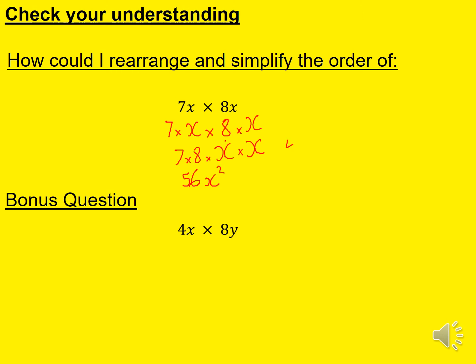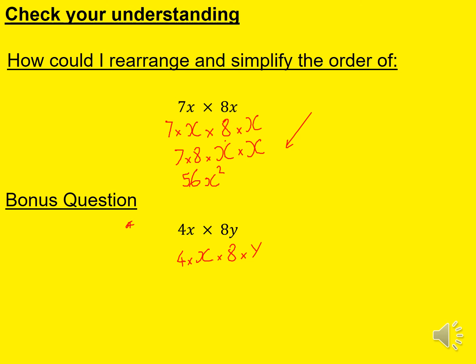If you're getting the hang of this, that's really good because this is really tough stuff. So really good work. And if you got the bonus question, really impressive. Let's go through how we do this one. This is definitely the top end stuff, so really tough. So we've got 4 times x times 8 times y.